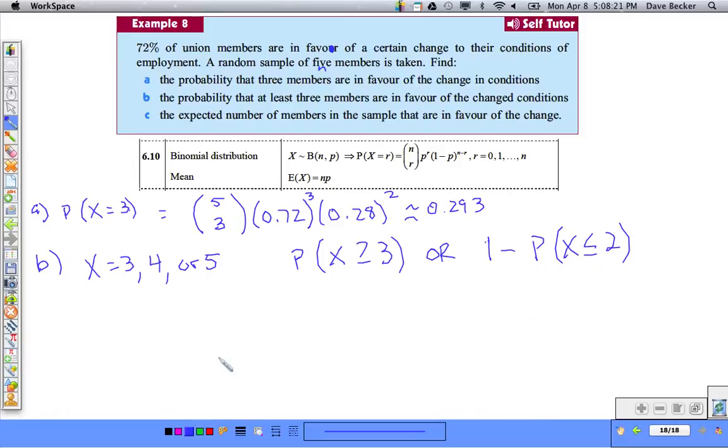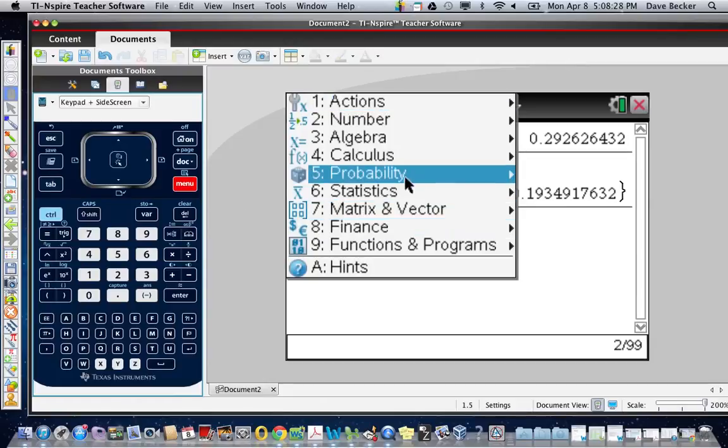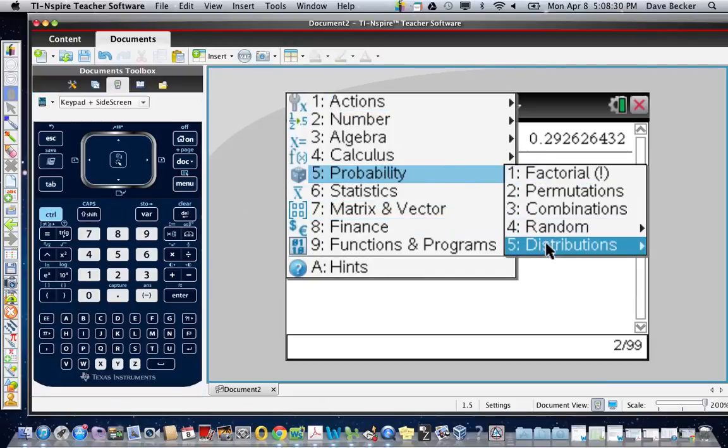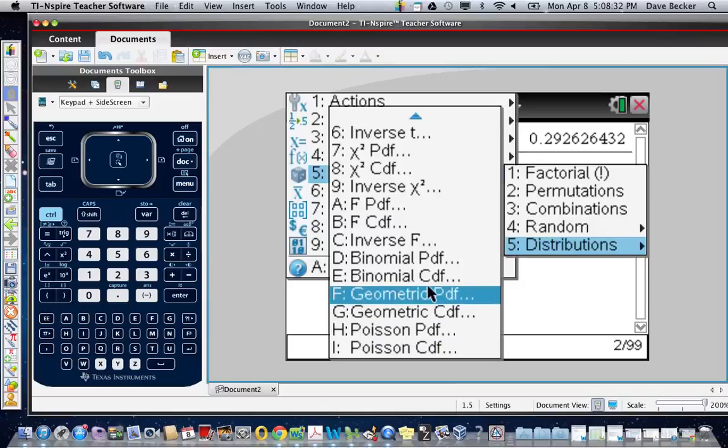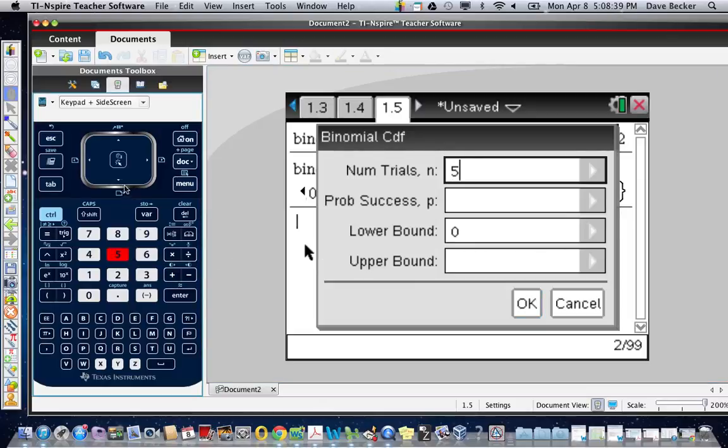Okay? So let's go back to the calculator and menu, probability, distribution, and we want the binomial cumulative, CDF. Number of trials, 5. This could not be easier. Probability of success, 0.72. Lower bound is indeed 0. And our upper bound, remember, was 2. That's what we're interested in.